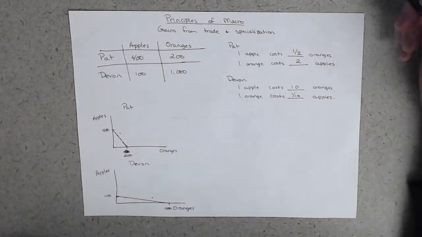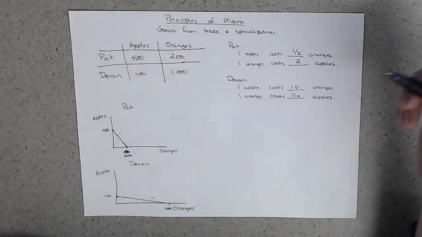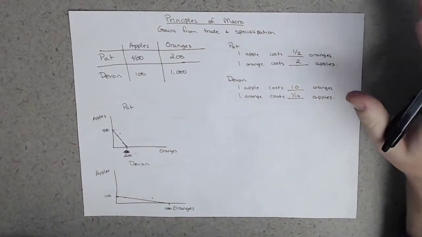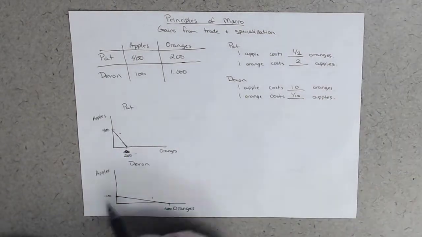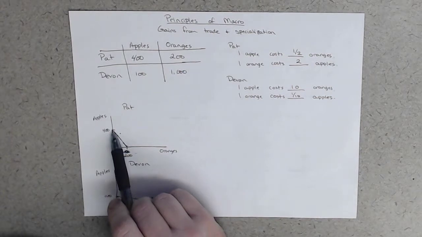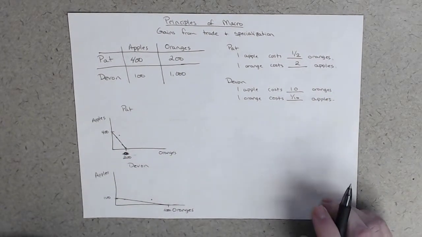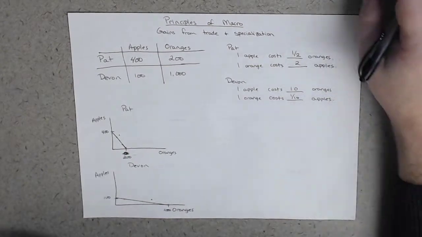Okay, so let's suppose that Devin walks up to Pat and says, "Hey Pat, I have this great idea. Why don't you grow all apples? I'll grow only oranges, and then we'll trade with one another. I'll trade you some of my oranges for some of your apples."